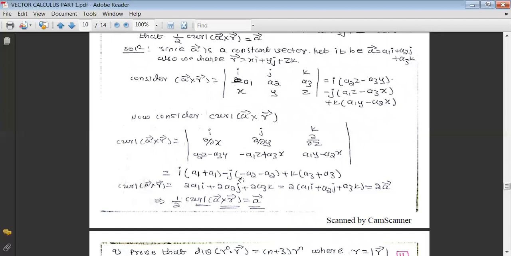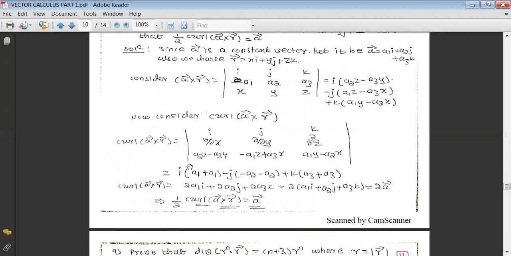Minus j into, leaving this row and this column, when you operate this one partially with respect to x, you will get minus a2, and when you operate this one with respect to z partially, you will get minus a2. Plus k into, leaving this row and this column, when you differentiate this one partially with respect to x, you will get a3, and when you differentiate this one partially with respect to y, you get minus a3, minus of minus becomes plus a3.